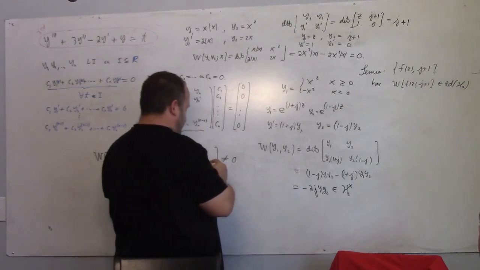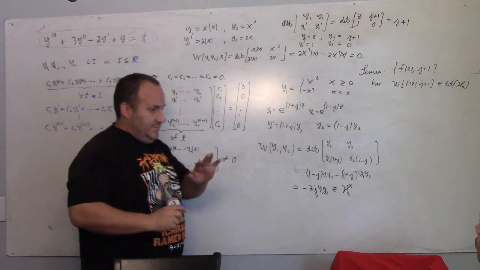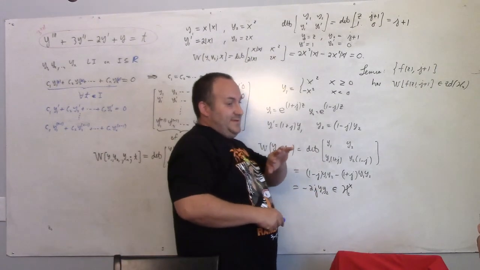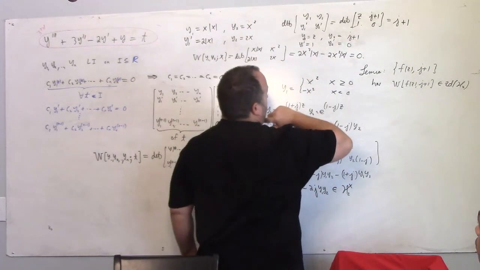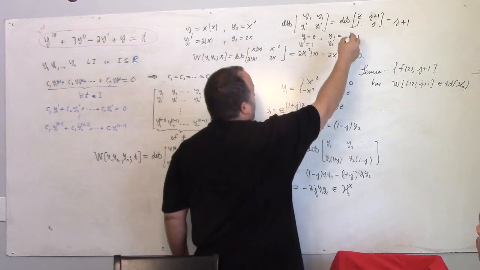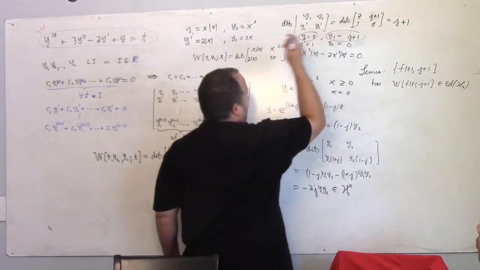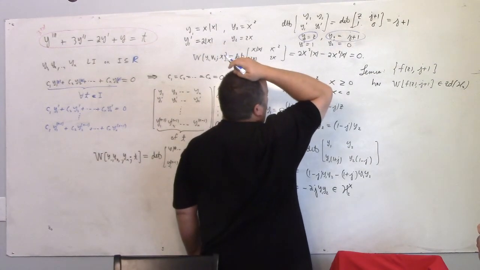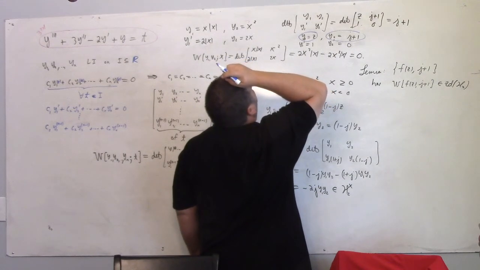Now, okay, so the Wronskian is a zero divisor. My claim to you is that means it's linearly dependent. Here's how that happens for this one, for the z and the j plus 1. Oh man, how does that happen?